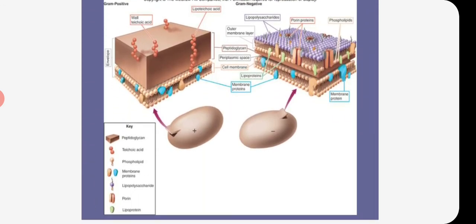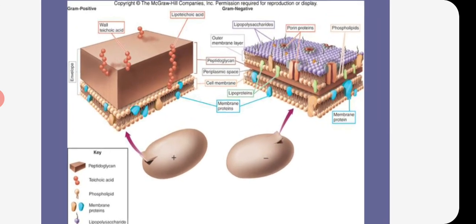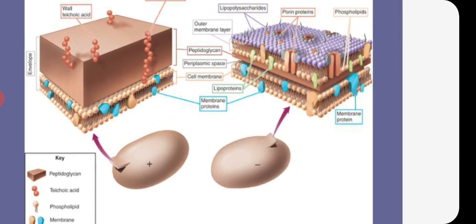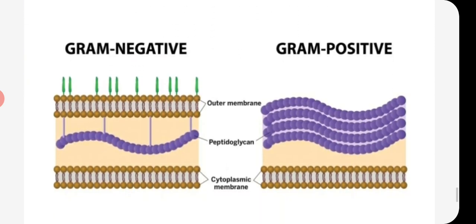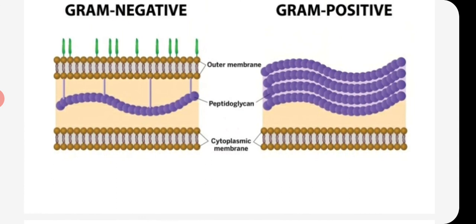This is also a clear cut diagrammatic representation of gram positive and gram negative cell walls. If you see here, the purple one is peptidoglycan. A large amount of peptidoglycan is present in gram positive bacteria, and a very small amount in gram negative bacteria.